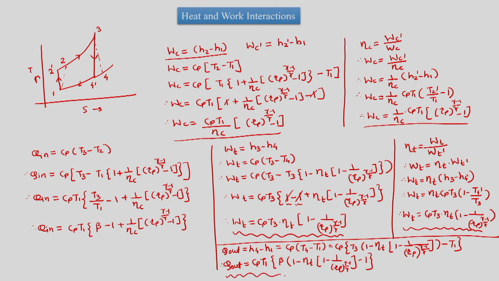So this is how we can calculate Q out and Q in for a cycle which is having a non-ideal compressor and non-ideal turbine. Having said this, we can move ahead and find the formula for W net.